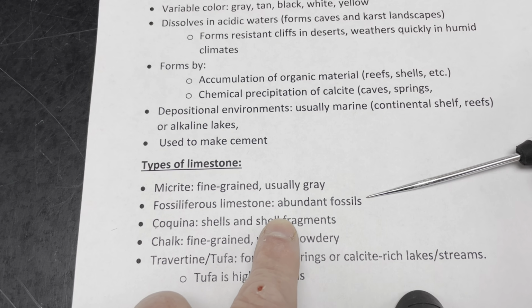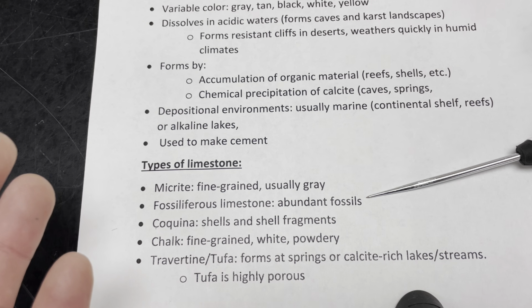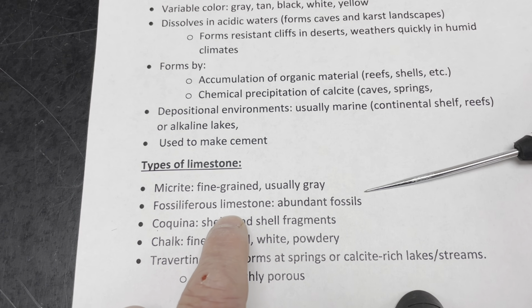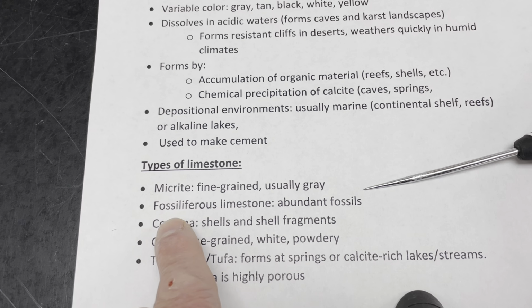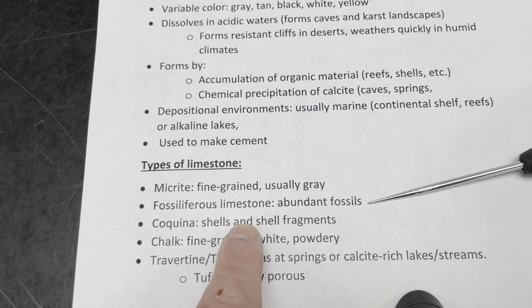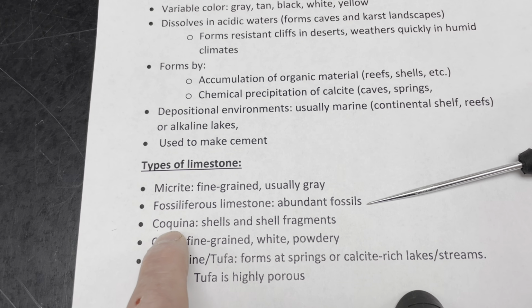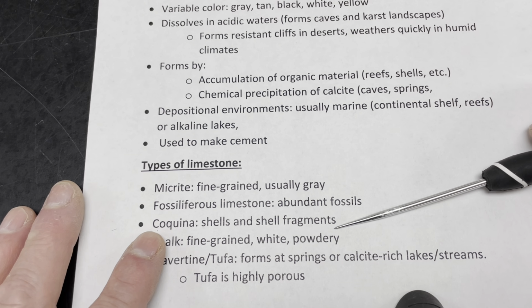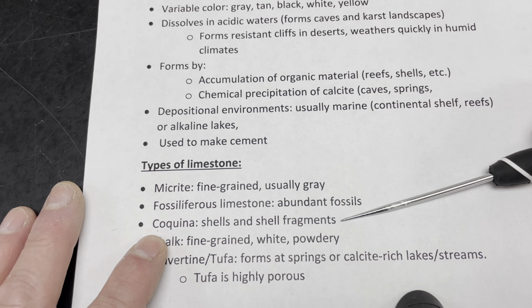How many fossils is abundant enough? Kind of up to you, but if you have just one shell in your limestone, I definitely wouldn't call it fossiliferous. I'll show you some examples where you see a diversity and a very abundant amount of fossils within some of these samples. If we have a limestone that's pretty much composed of shells and shell fragments, this is what's called a coquina.